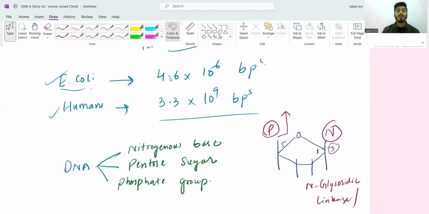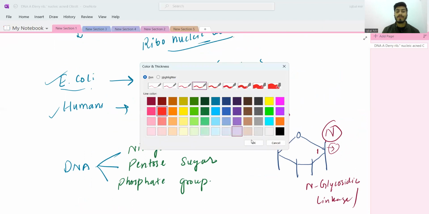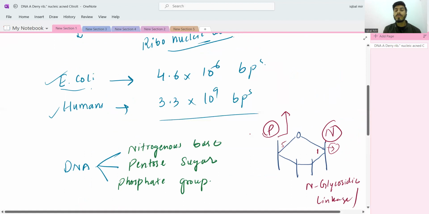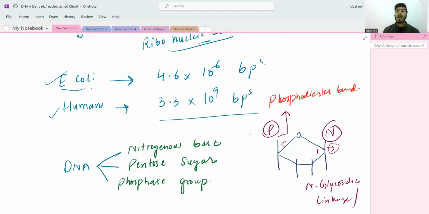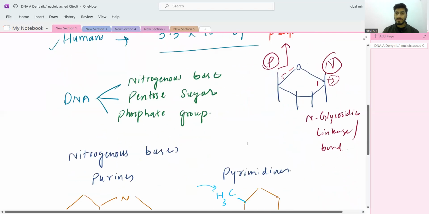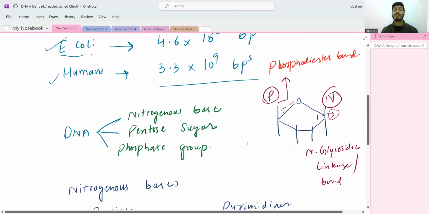Which bond? Phosphodiester bond. What is phosphodiester bond? The bond between phosphate group and pentose sugar at the 5th carbon position. Understood? So what are the two kinds of bonds?